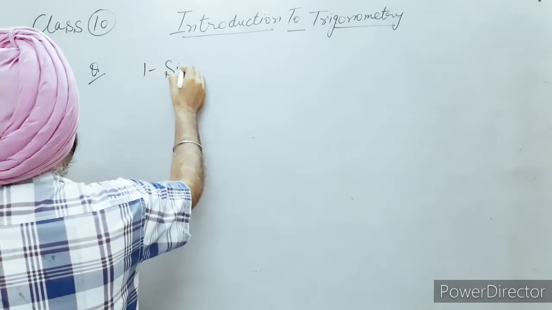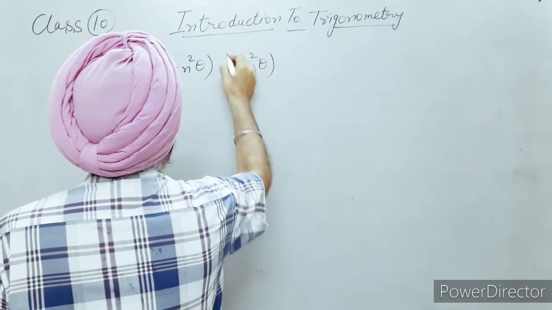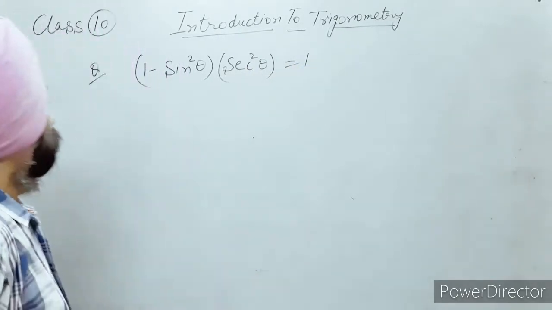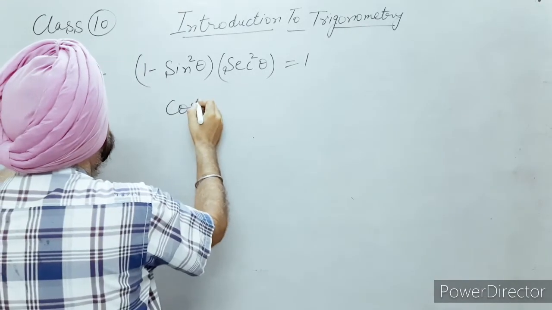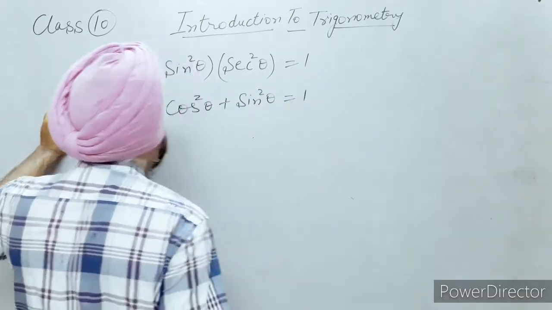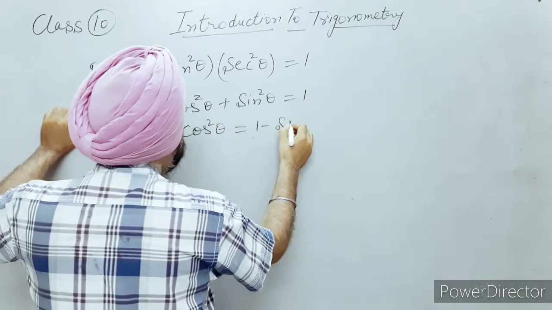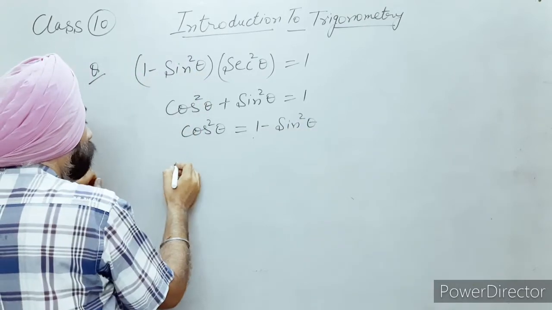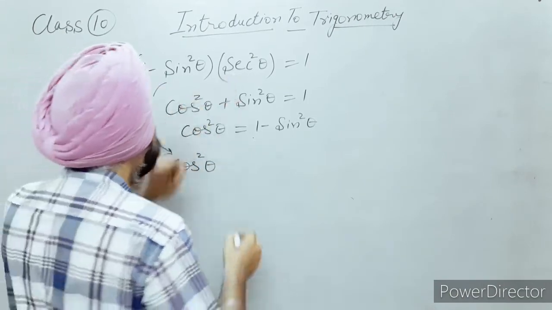1 minus sine square theta into secant square theta is equal to 1. We have to prove this. I have this identity: cos square theta plus sine square theta is 1. So from here I get cos square theta is 1 minus sine square theta. So I can write this as cos square theta, and secant square theta as it is.